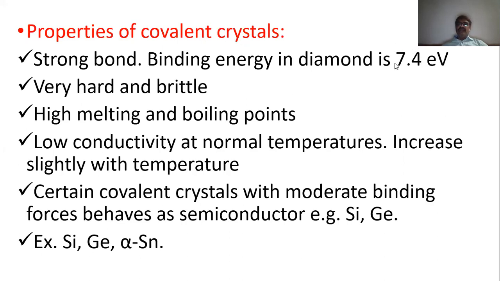Generally, if the energy released is in the range of 5 to 10 electron volt, it is a strong bond. Same was the situation in the case of ionic crystals. So covalent crystals are strong, and the hardest possible material on the surface of Earth, diamond, is a covalent crystal. So you can imagine the hardness of covalent bond crystals.